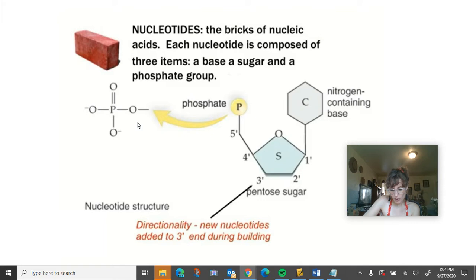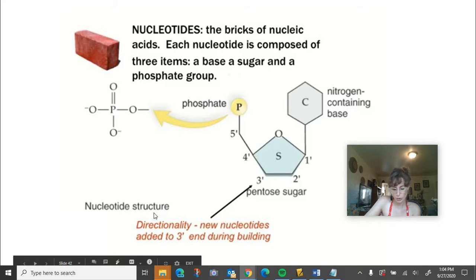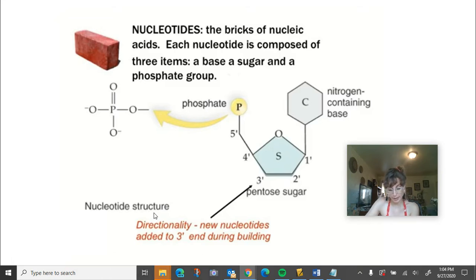Now let's talk about this concept of directionality, because it's going to play a big part when we look at the structure of DNA and also the replication of DNA. What I want you to see here is on this pentose sugar, I already identified that first carbon, that primary carbon, and it is always going to be bonded to the nitrogenous base.